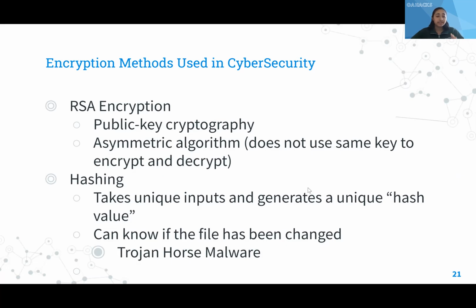Some typical encryption methods used in cybersecurity, which you have to go in depth on: there's RSA encryption, also known as public key cryptography. What we did today, especially with the ROT13 cipher, is called a symmetric algorithm. It has the same key for encrypting and decrypting. In an asymmetric algorithm, however, the key to encrypt is different from the key to decrypt.